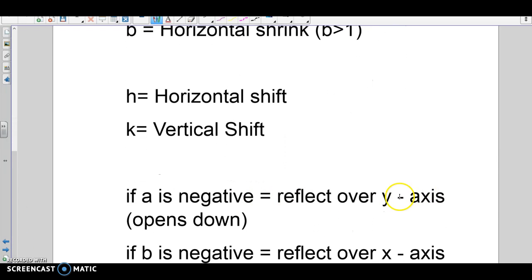If a is negative, I got these backwards, it reflects over the x-axis. In other words, it opens down. When we say opens down, we mean like that way. And if b is negative, it reflects over the y-axis.